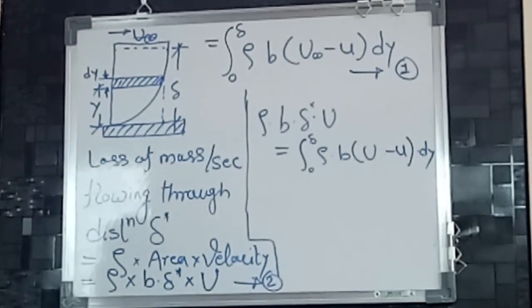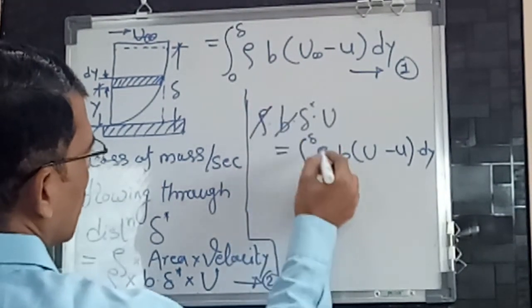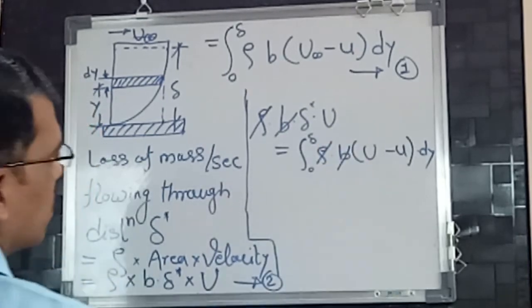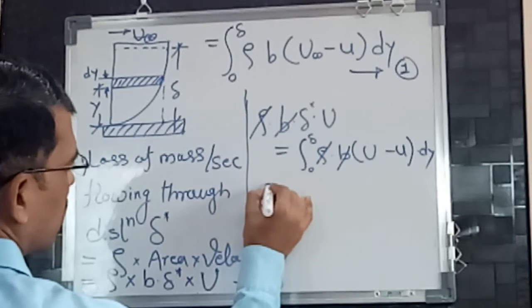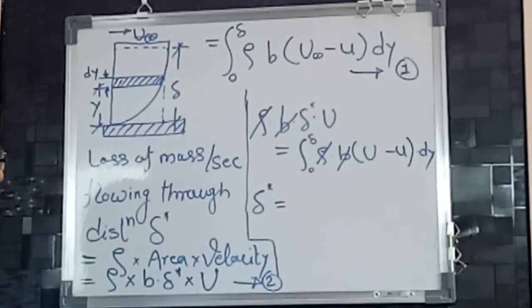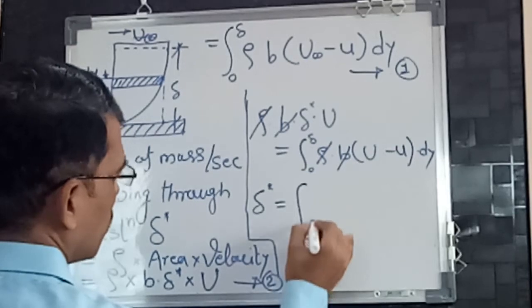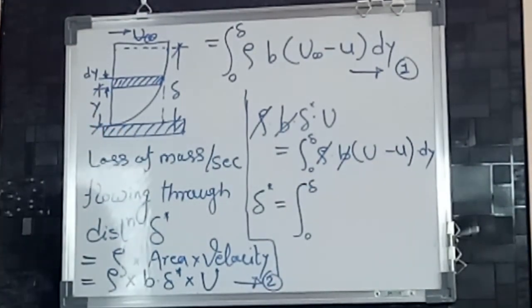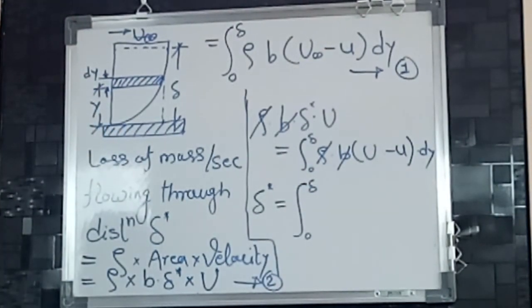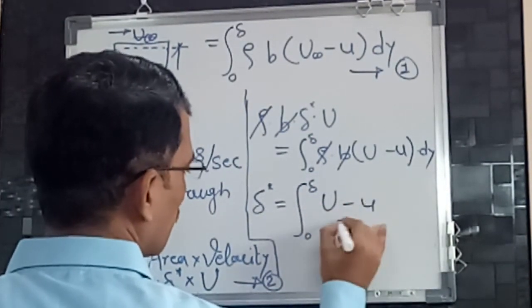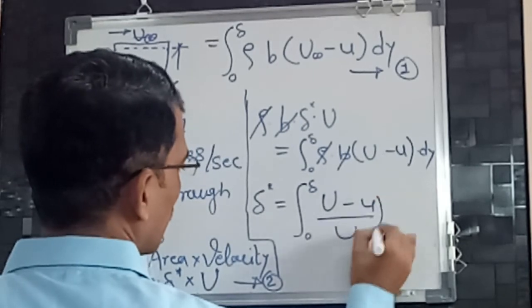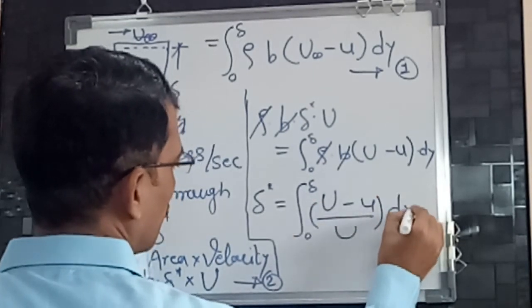If we equate these, this will cancel, this will cancel, this will cancel, isn't it? So del star equals integration 0 to delta of (u minus small u) divided by u into dy.